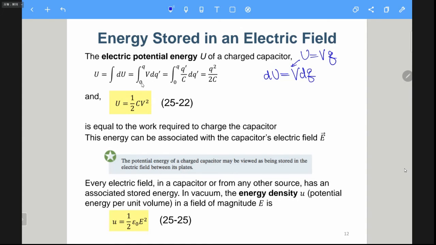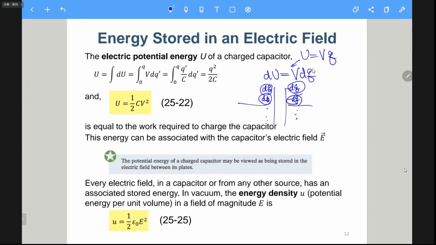So we integrate from 0 to Q, which means that if we have a capacitor, originally there is no charge, and then we put some dq here and minus dq there, and you need some energy to do this. Then you put another dq, negative dq, with the existence of the first part, and you do it all the way up to Q. So the integration is something like that.